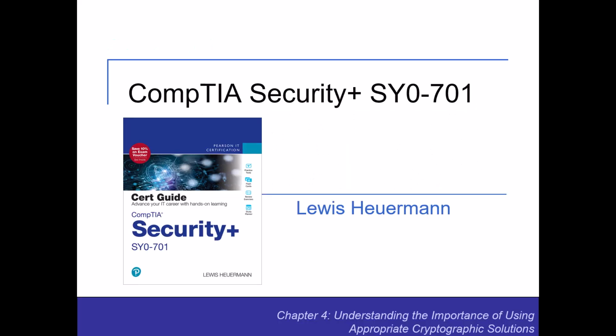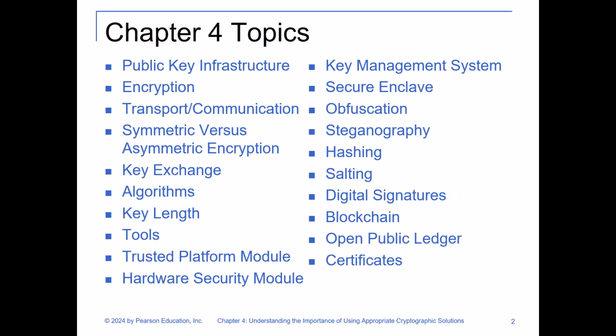Hello and welcome to Chapter 4, Understanding the Importance of Using Appropriate Cryptographic Solutions. If you have not guessed it, we're going to be talking about cryptography-based systems: PKI, encryption, transport communication, asymmetric versus symmetric, key exchange, algorithms, tools, TPMs (trusted platform modules), security modules for hardware, key management systems, secure enclave, obfuscation, steganography, hashing, salting, digital signatures, blockchains, public ledgers, and certificates.